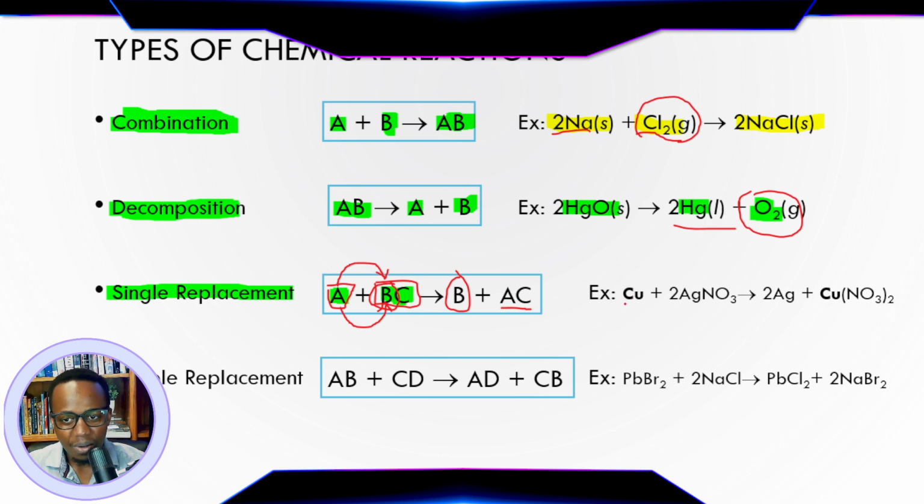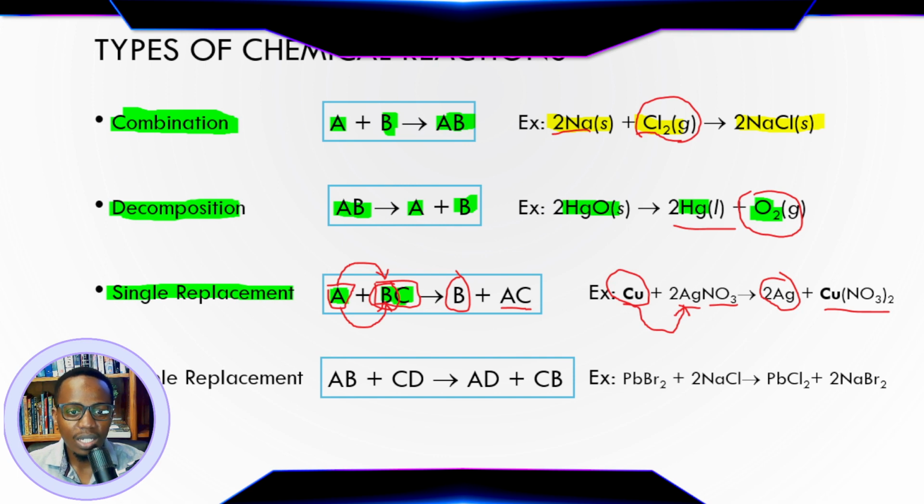That's one way to remember it. This is an example. You have copper here, then you have silver nitrate, right? And then what happens is that copper is going to come and replace silver, and then silver is going to be by itself. Then you have copper nitrate. All right. We have to know how to do that, and that's a single replacement.